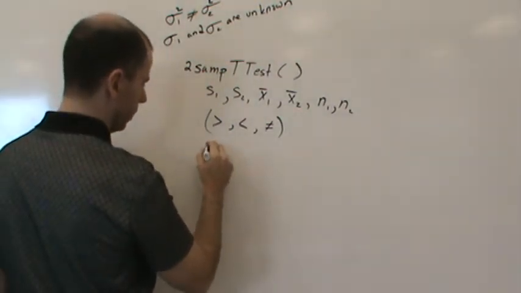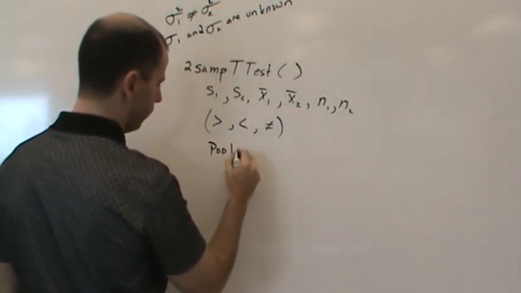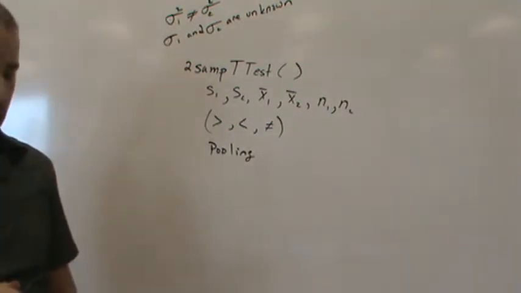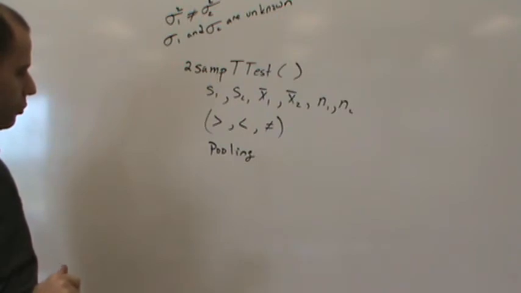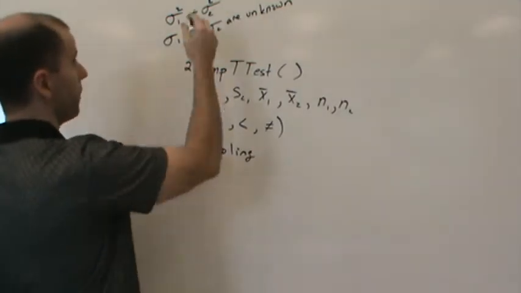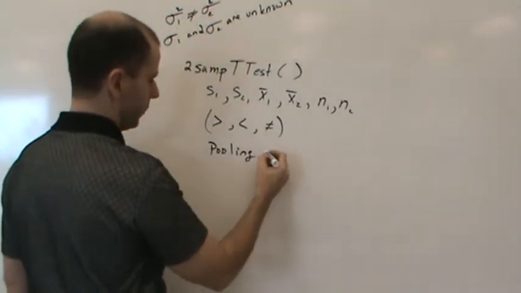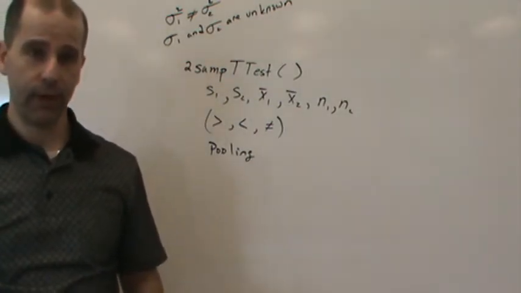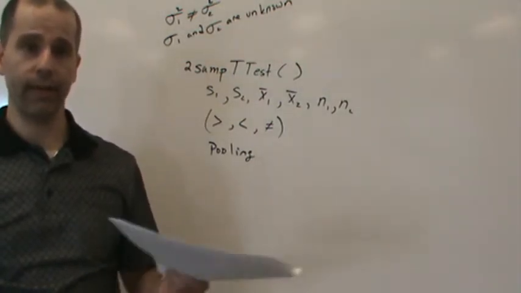Pooling, if you remember from before, did it come up in confidence intervals? Not sure. But anyway, pooling has to do with the assumption of whether we're going to assume that the population variances are equal or not. Are they the same?